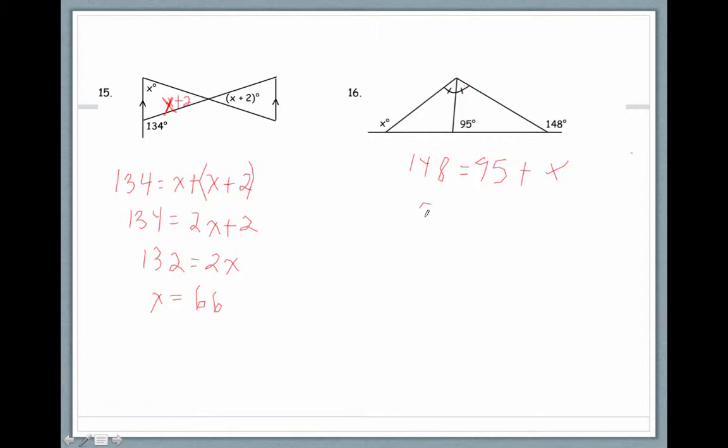So if I subtract the 95, I get 53 is this thing. So this is 53. And x is this one plus this one. Well, that's 95, so this is 85. So x is 53 plus 85, or 138.